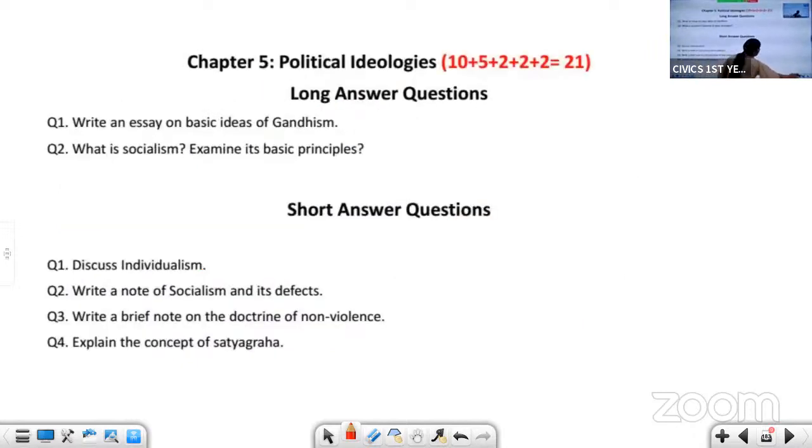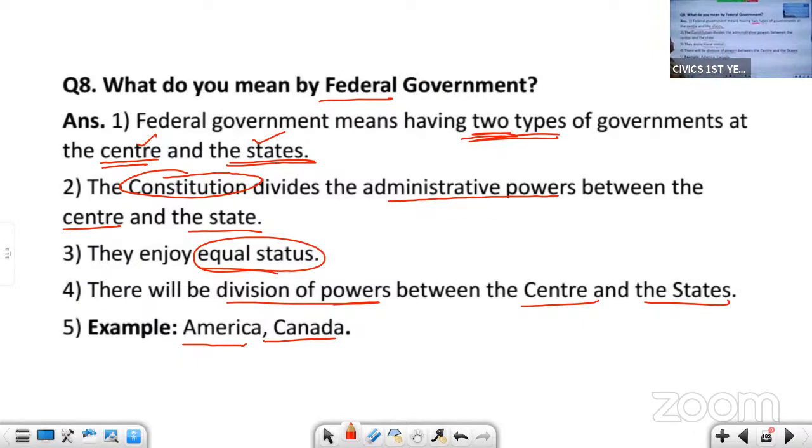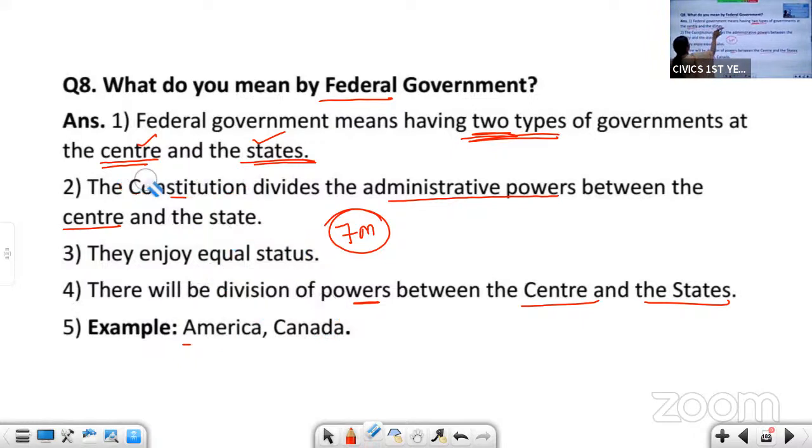I hope I'm clear with this chapter. The weightage for this chapter is only 7 marks. But if you are learning SAQs, you will be in a position to answer the VSAQs also.